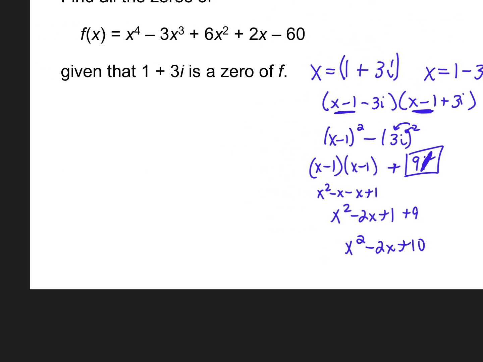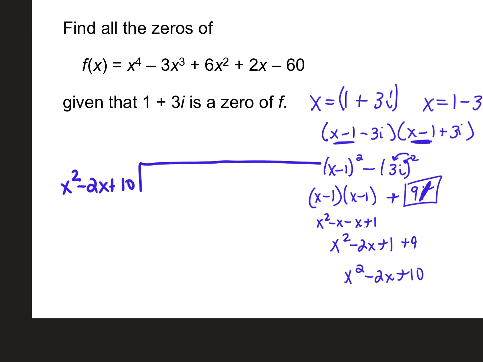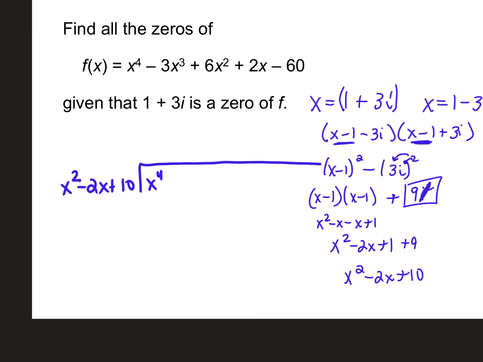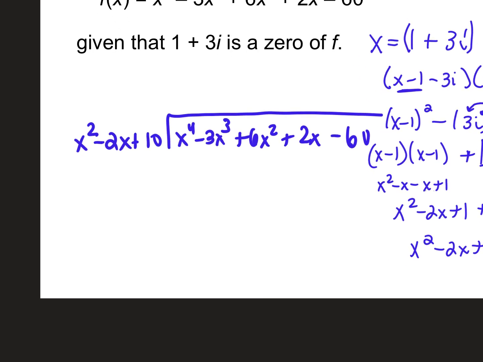Now we have to take this x squared minus 2x plus 10, and we're going to divide it into your polynomial. x to the fourth minus 3x cubed plus 6x squared plus 2x minus 60. Now, I know you guys don't love long division, but every single time you do this question, the process is exactly the same.